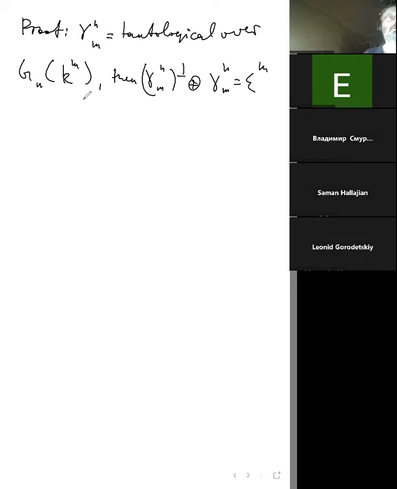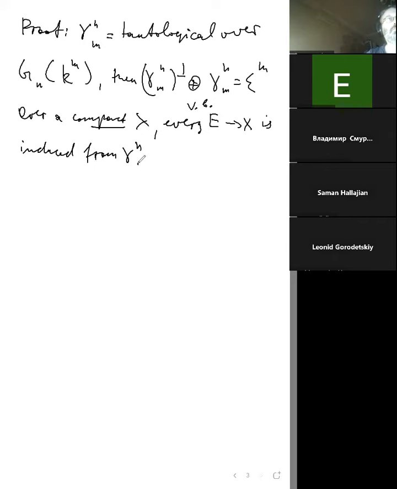Yes. Okay. And then we use the fact that over a compact X, every vector bundle of rank n is induced from the tautological bundle over some finite Grassmannian.